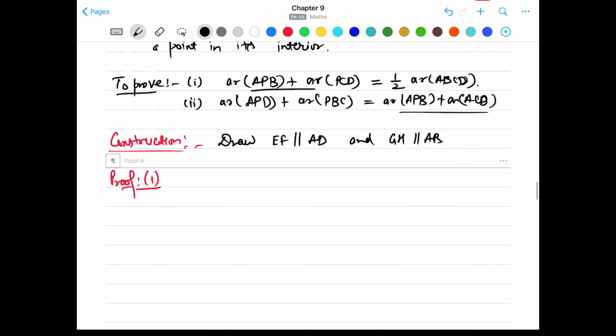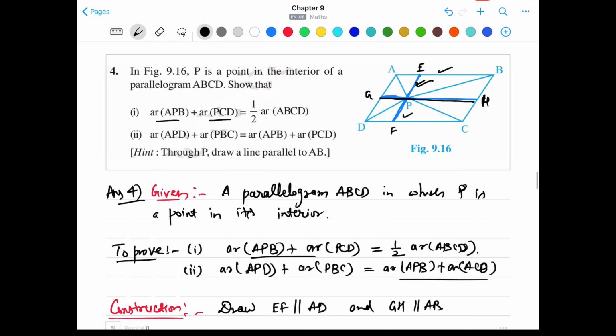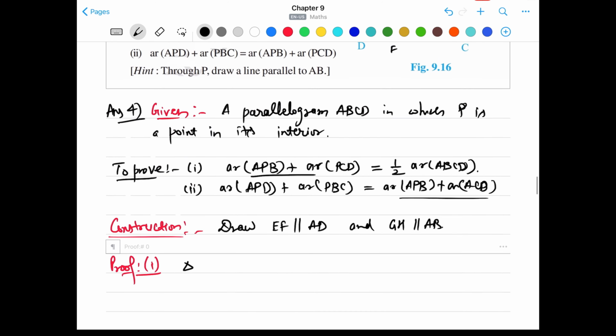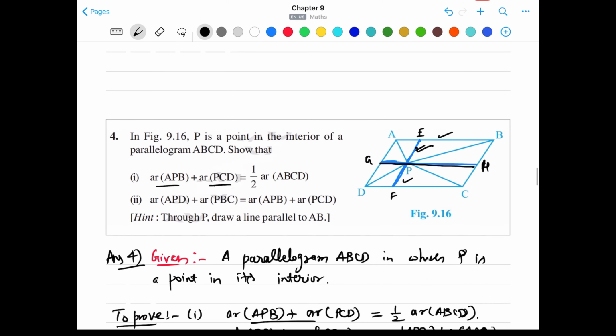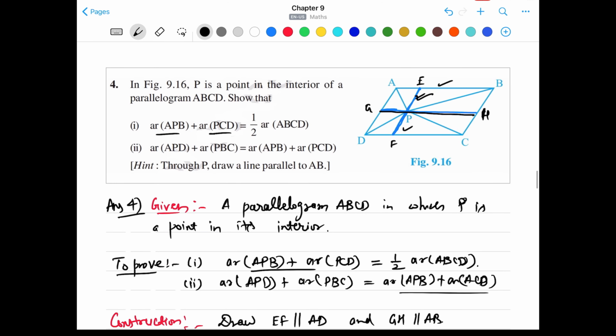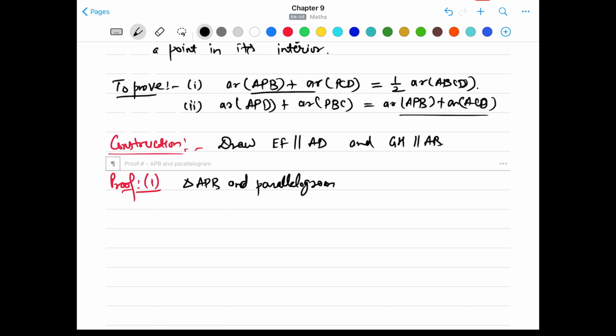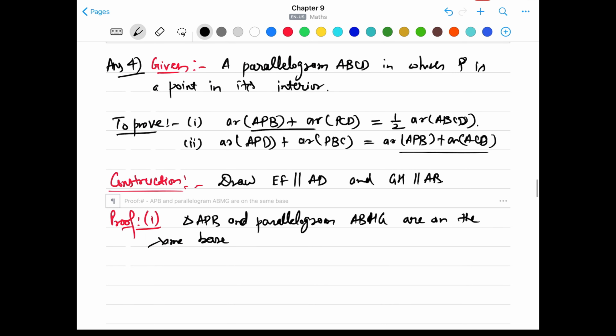So we'll write: triangle APB and parallelogram ABHG are on the same base. Same base here is AB.